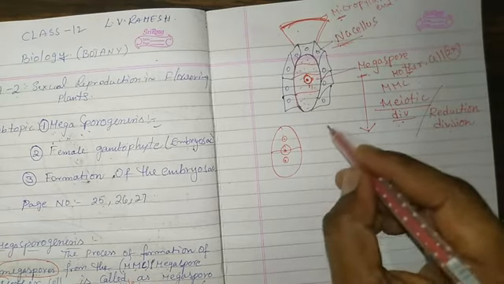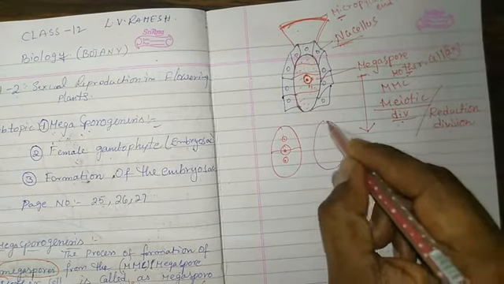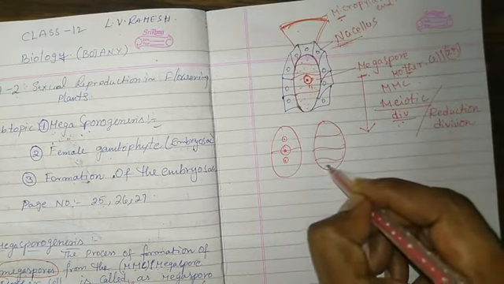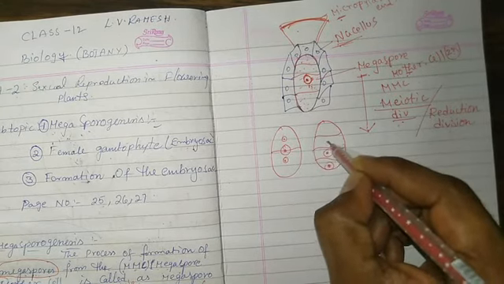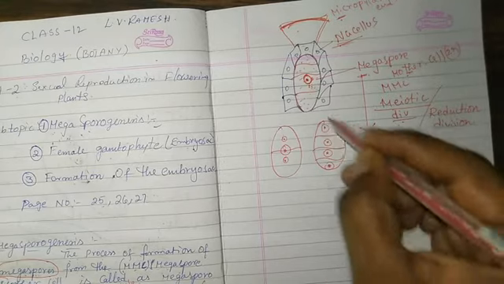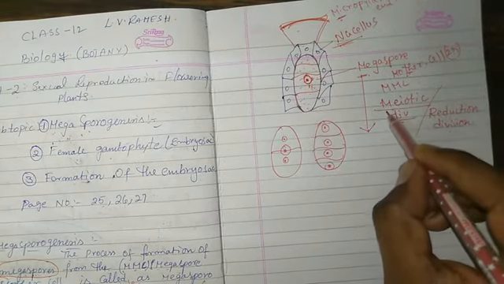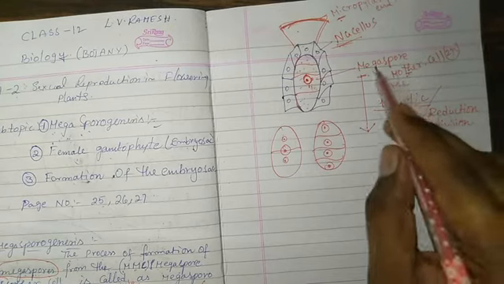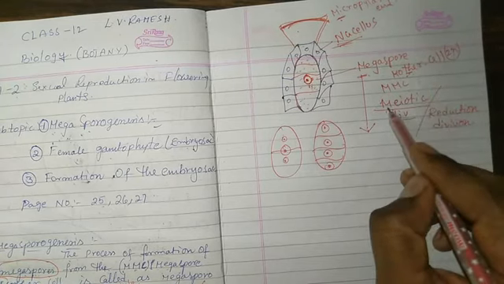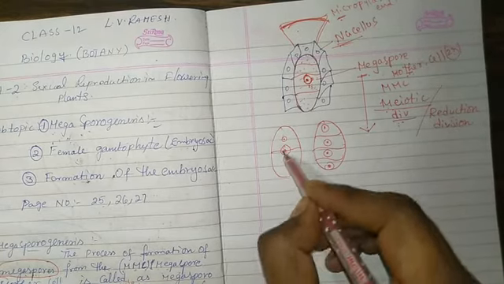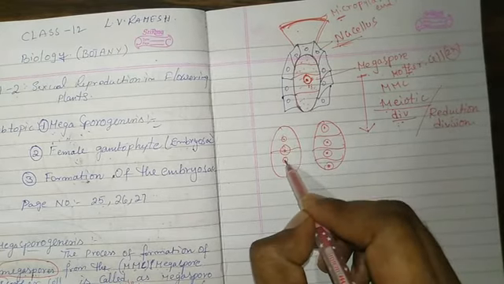In the second division, 1, 2, 3, 4: 4 megaspores are formed by the mother cell. How? With the help of meiotic division. The megaspore mother cell undergoes meiotic division or reduction division. In the first division, it forms 2 megaspores.